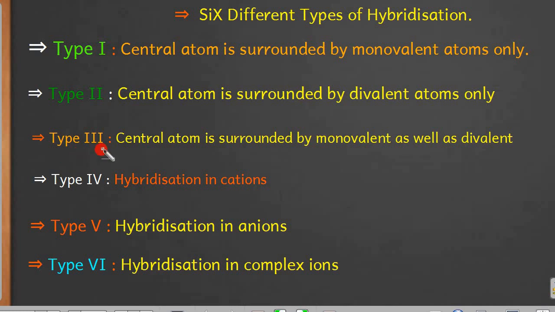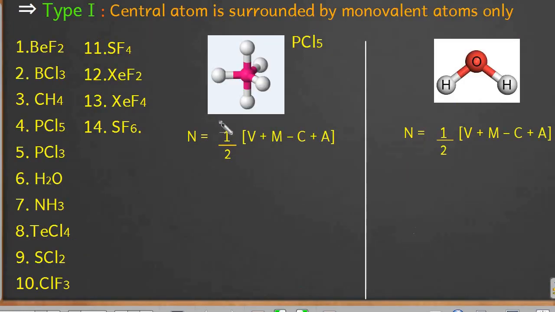In type 3, the central atom is surrounded by both monovalent as well as divalent atoms. Type 4 is hybridization in cations, type 5 is hybridization in anions, and type 6 is hybridization in complex ions. Let's see them one by one.